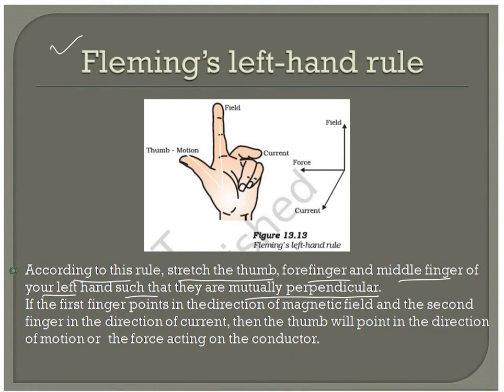As you can see here, they all are mutually perpendicular to each other. Now, if the forefinger points towards the direction of the magnetic field and the middle finger towards the direction of current, then the thumb will point towards the direction of motion or force acting on the conductor.